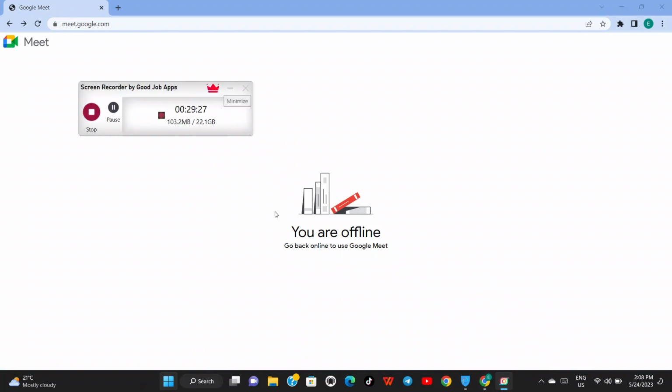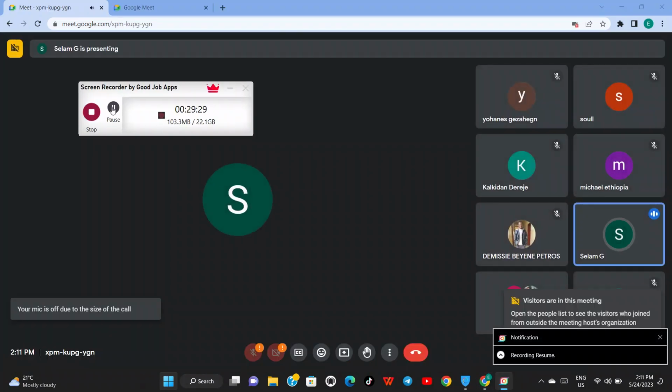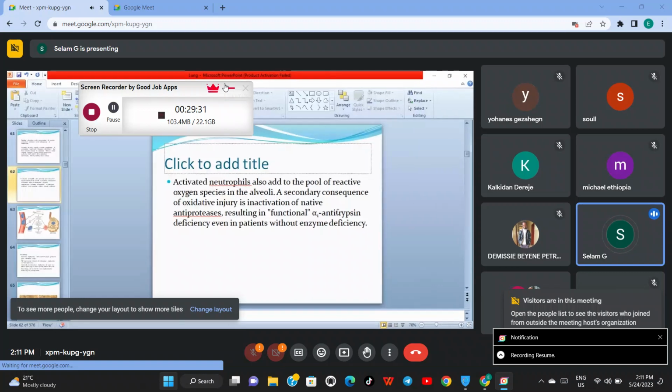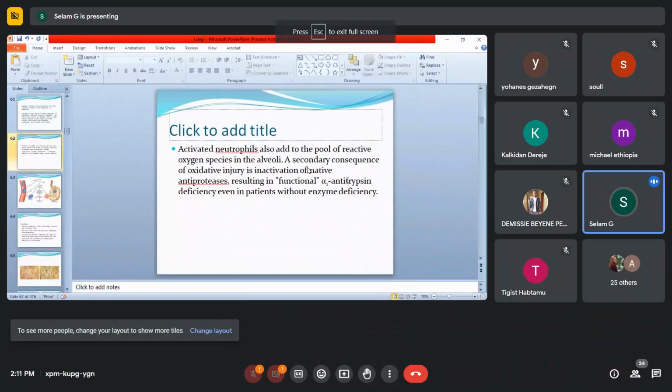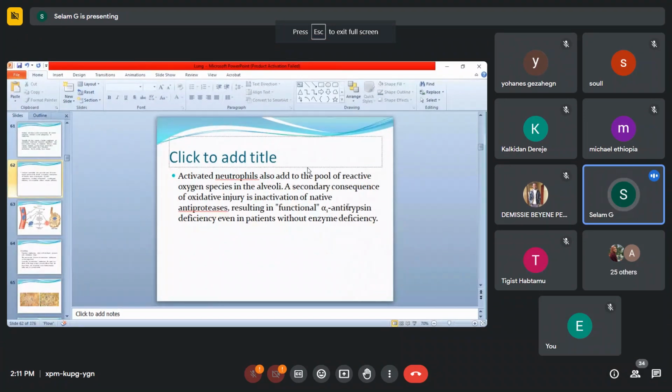Of reactive oxygen species in the alveoli. A secondary consequence of oxidative injury is an inactivation of native antitrypsin, resulting in functional alpha-1 antitrypsin deficiency even in patients without enzyme deficiency.